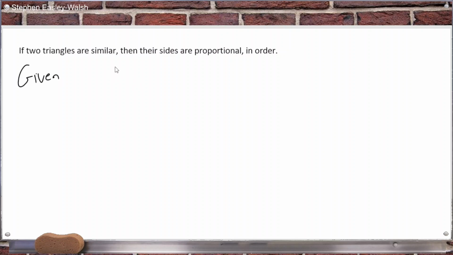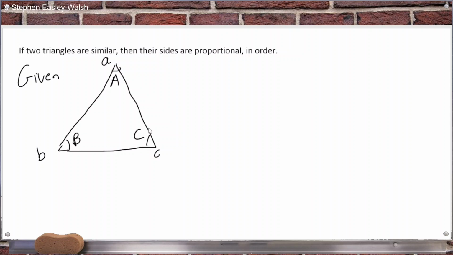So we'll have one large triangle here, I'll just call this the point A, and this is angle A, and this is B, and we'll call this C, and then we'll have the smaller triangle here, D, E, F.